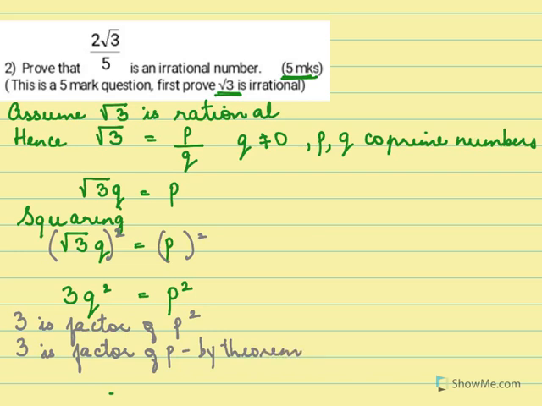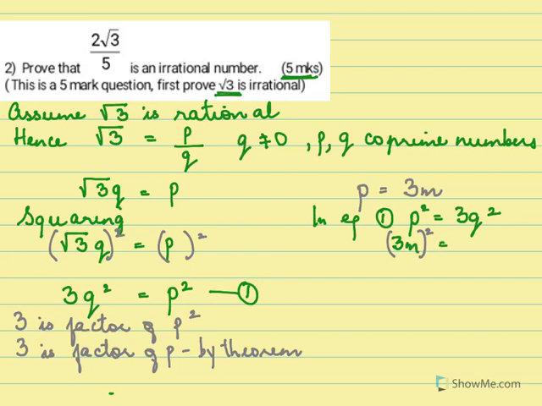If 3 is a factor of P, we can write P as 3m. So we'll take up equation 1. In equation 1, we have P square equal to 3Q square. Now P we know is 3m, so this will be 3m whole square equal to 3Q square.